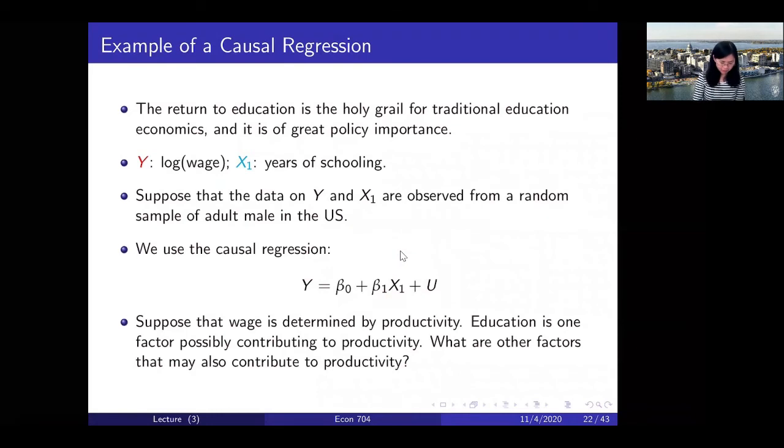So in this causal model, beta 1 is the return to education, but can you say that the orthogonality condition is satisfied? Can you say that schooling is uncorrelated with the other factors that also determine the wage?